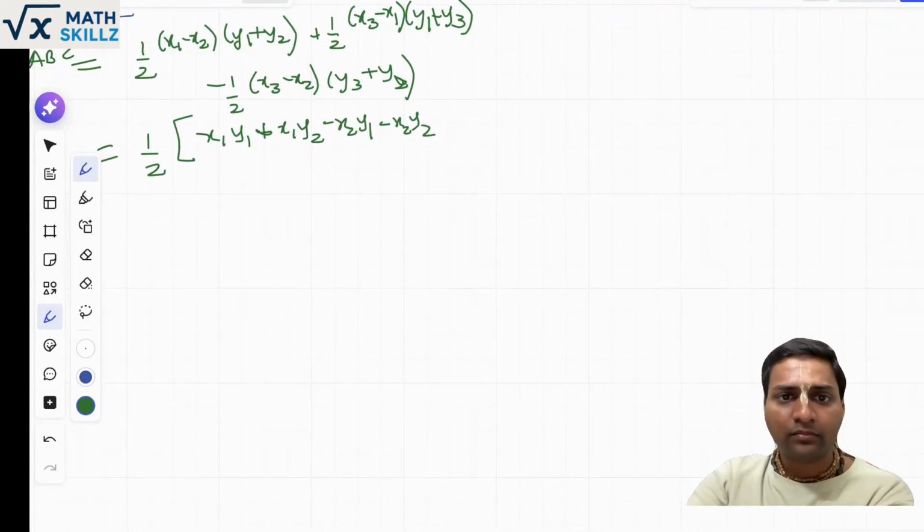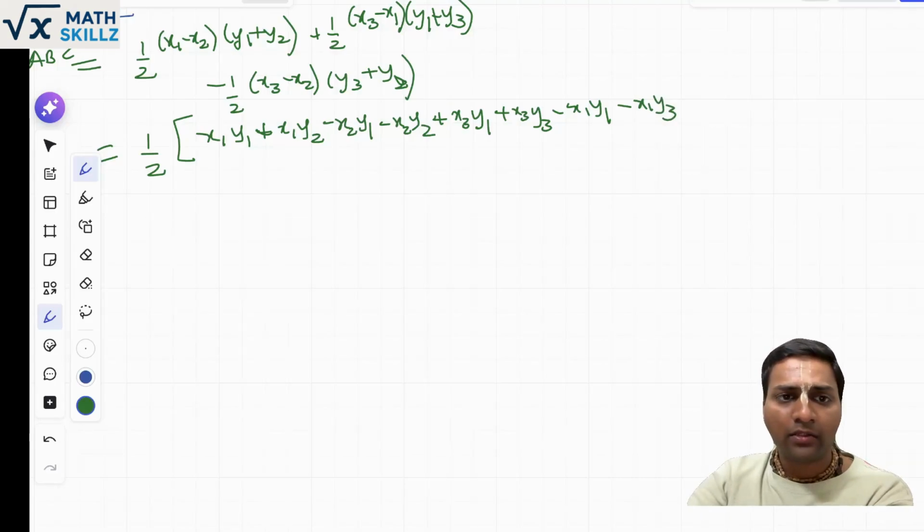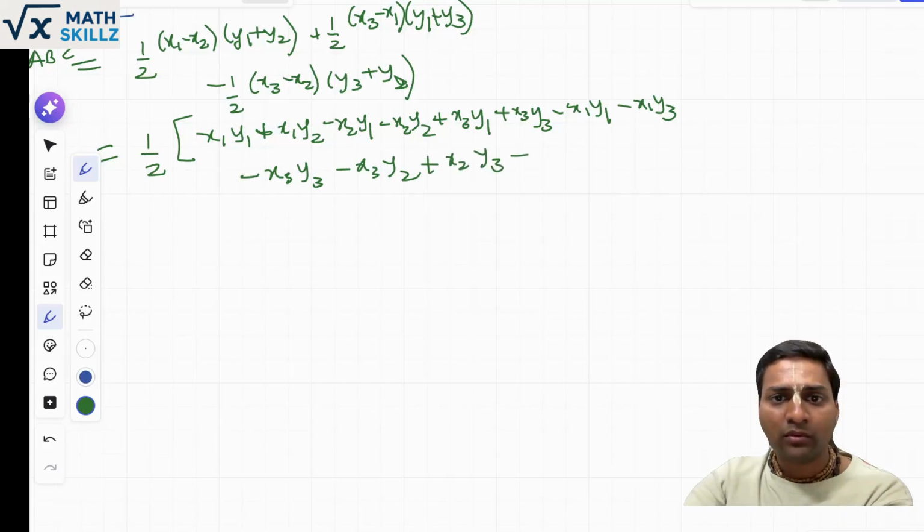Then plus x3 y1 plus x3 y3, minus x1 y1, minus x1 y3. Here we have again minus of x3 y3, then minus of x3 y2, and minus into minus gives plus x2 y3, plus x2 y3, then again plus x2 y2.